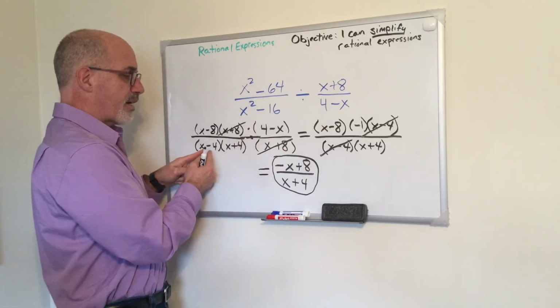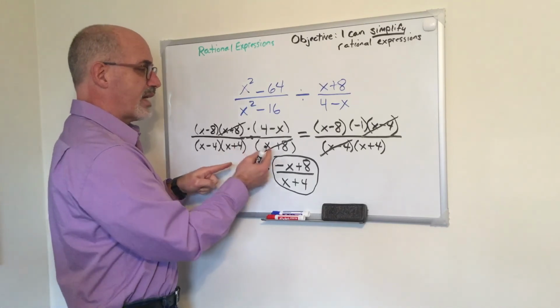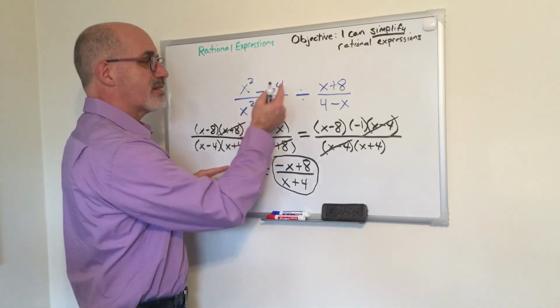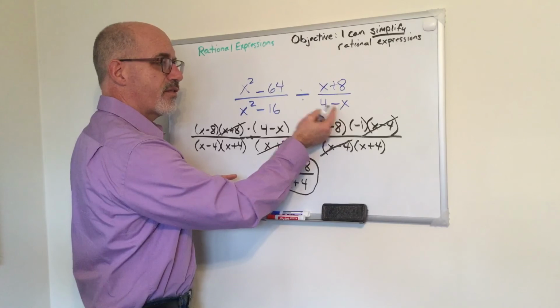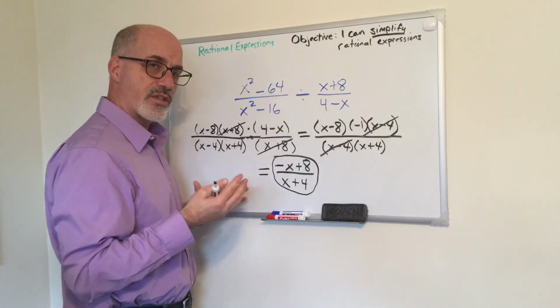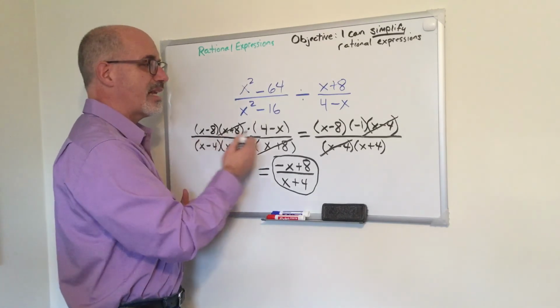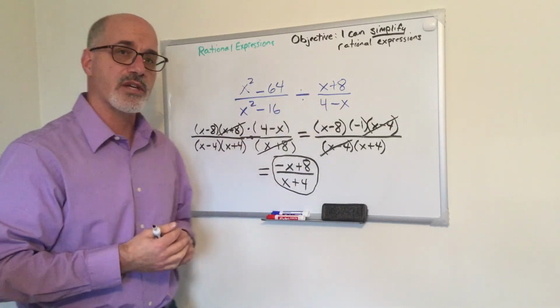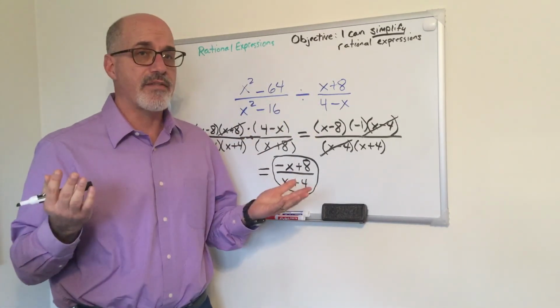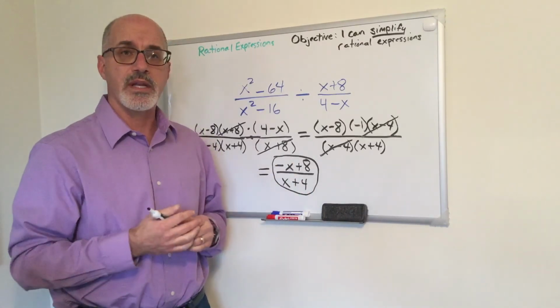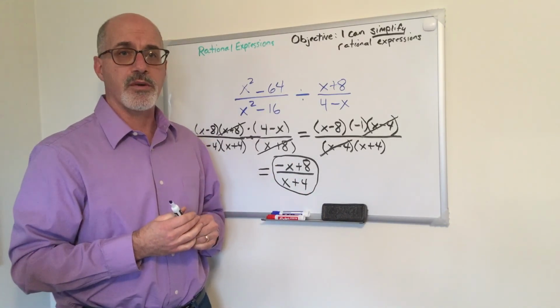Here I'm not allowed to have 4, negative 4, and negative 8. And because of the original division, I'm not allowed to have 4 either. So with domain, if you're asked about it, you want to look at what would make any of the original denominators equal 0. And you can't have that, so those values would be restricted from the domain.